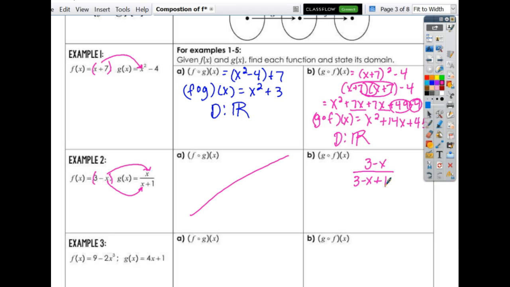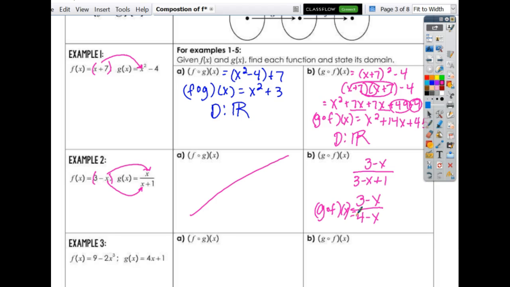You see? Does everybody see that? So when I simplify now, this is what I get.